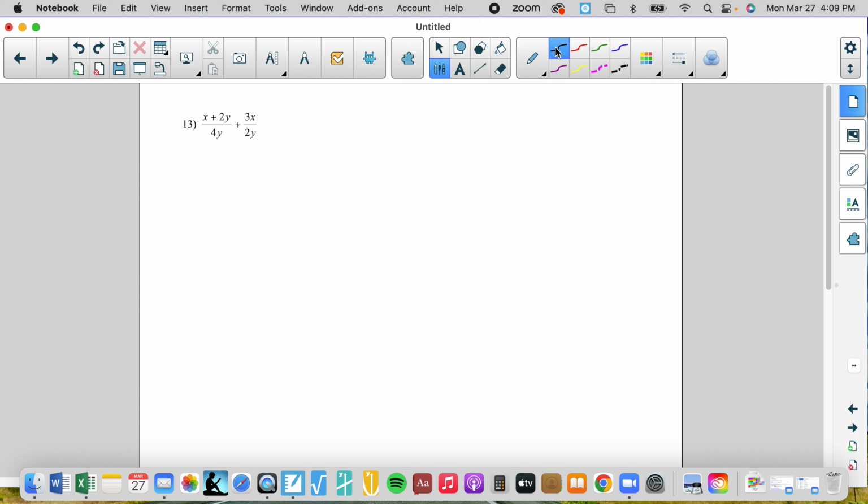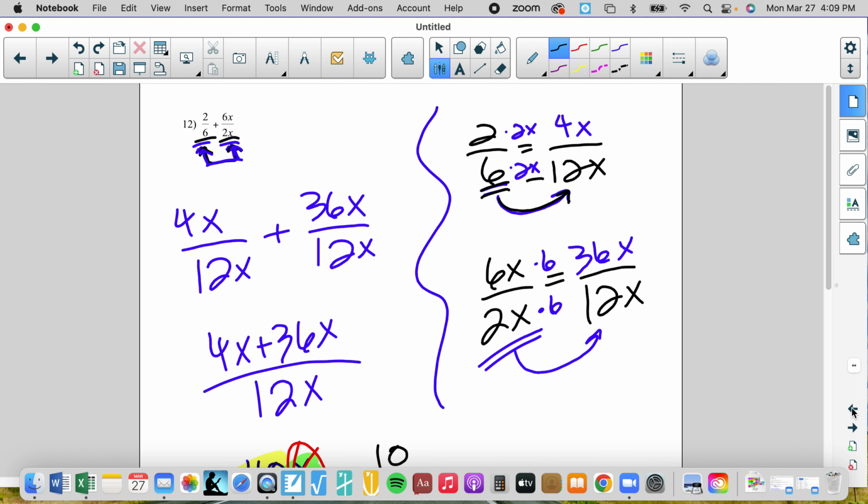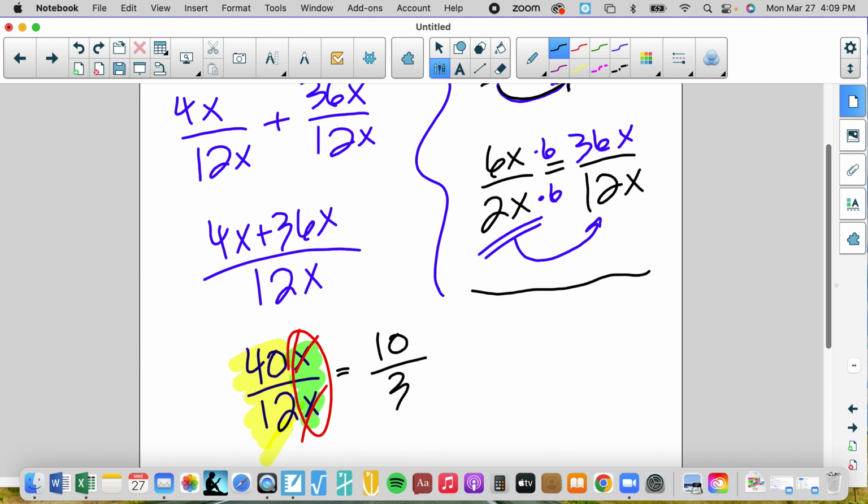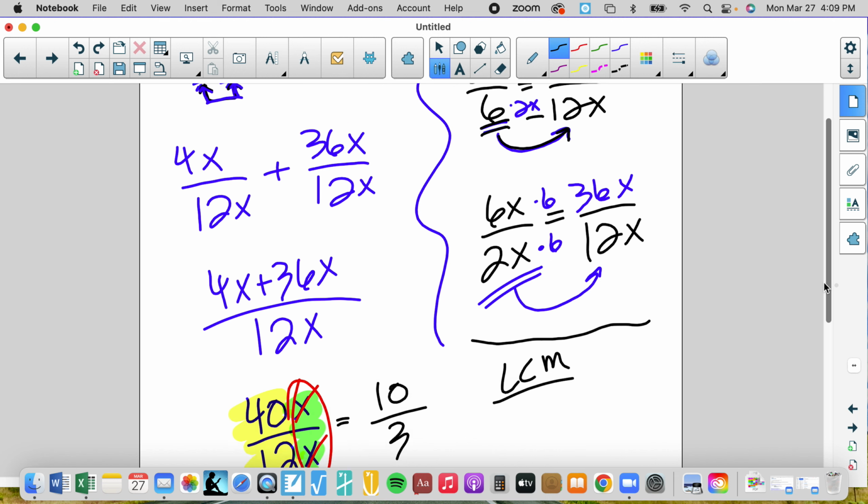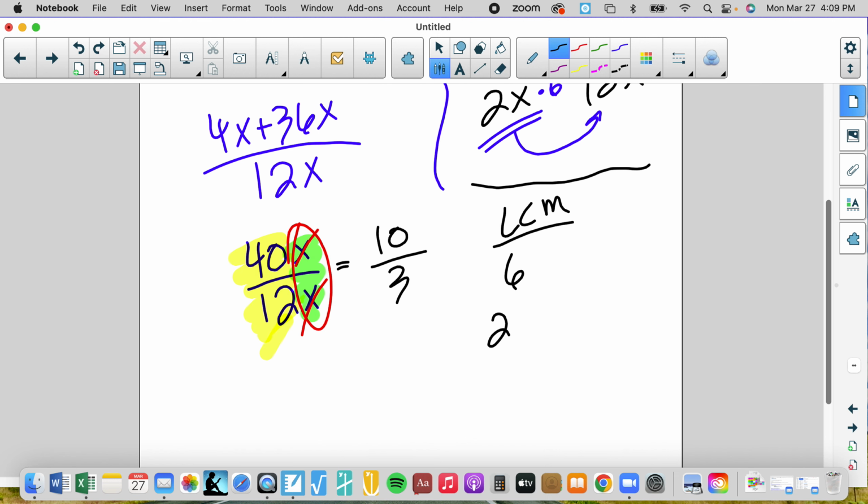This time, here we go. Some of you didn't choose 12x as your common denominator, your LCD. Let's do this. Least common multiple of 6 and 2x. 6 is 2 times 3. 2x is 2 times x. LCM.